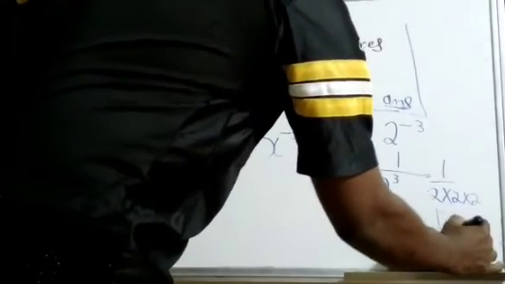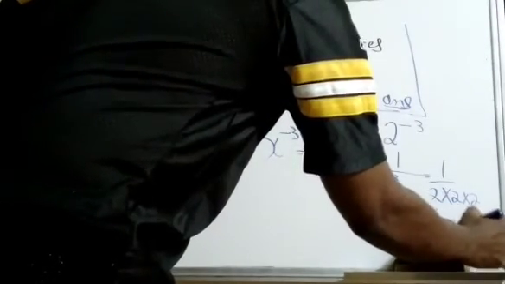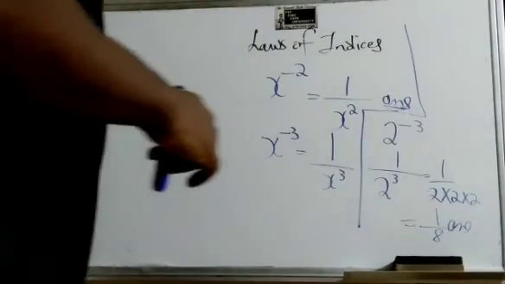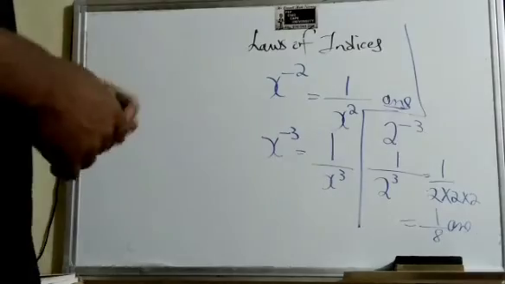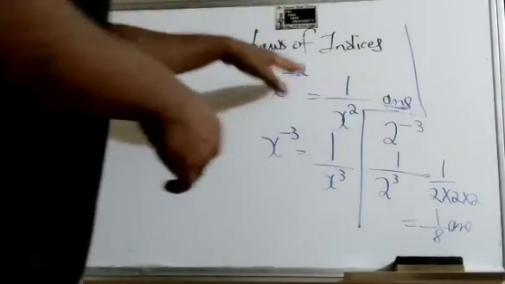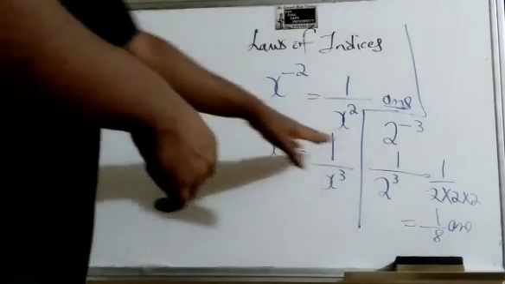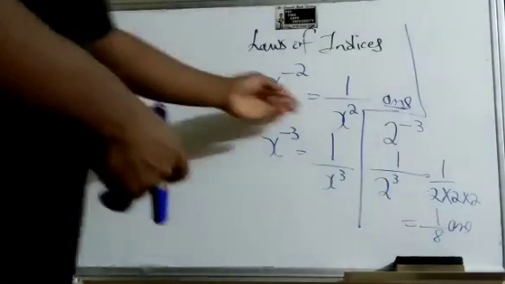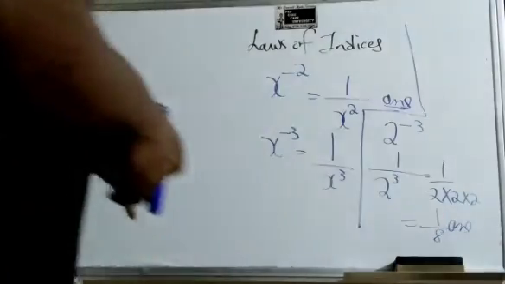So it will be 1 over 8. And that would be your answer. So basically, this is another rule. Once the power is a negative index, we can put it as a fraction, 1 over whatever is raised to the power.